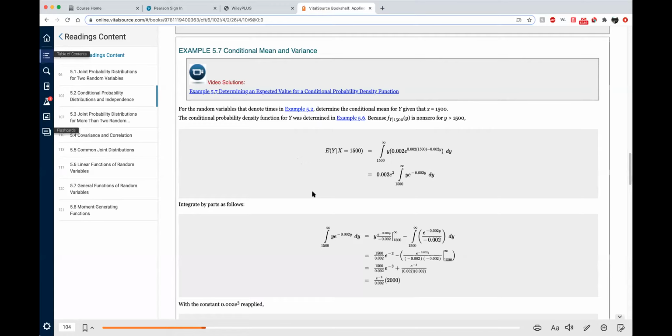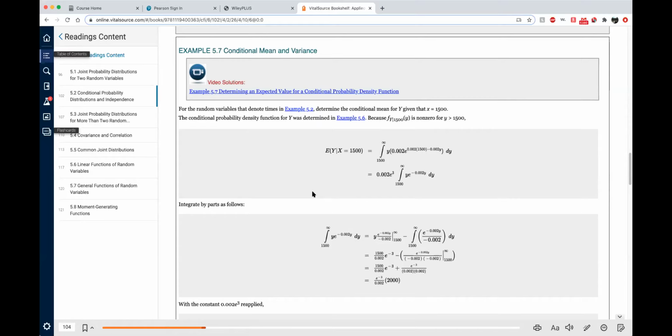X represents the time the machine connects to the server, and the other random variable y denotes the time the machine recognizes you as a user. So determine the conditional mean for y given that x is 1500. And the conditional probability density function for y was determined in example 5.6. I'm going to use that.